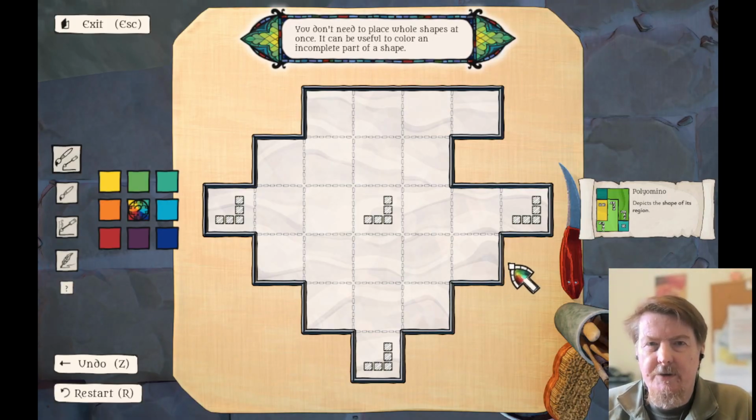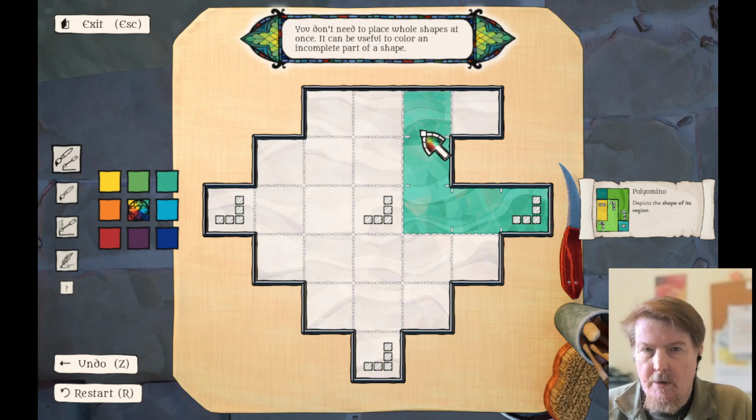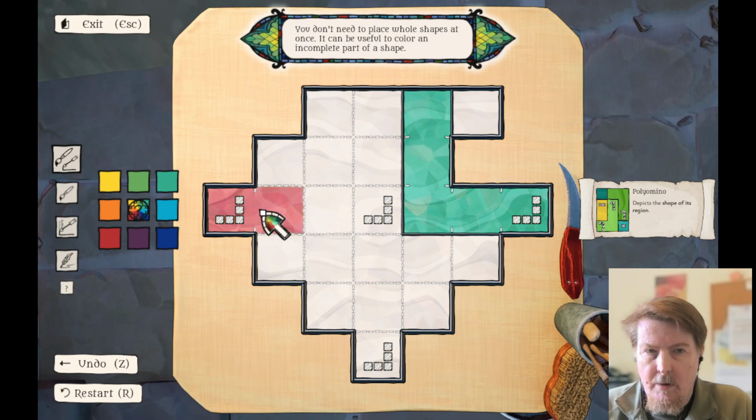You don't need to place whole shapes at once. It can be useful to colour an incomplete part of a shape. Does that go up or down?